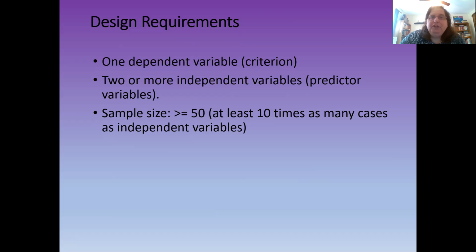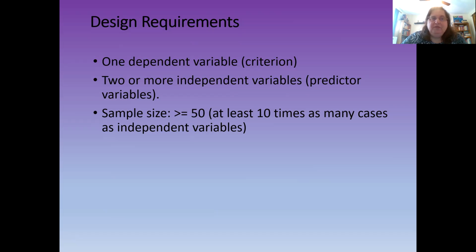Sample size. For sample size, you should always use a power analysis. But here is nonetheless something out there that people talk about, which is that you definitely need greater than or equal to 50 people or participants or data points. And you should have at least 10 times as many cases as independent variables.